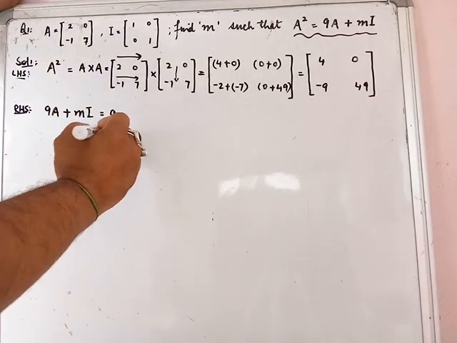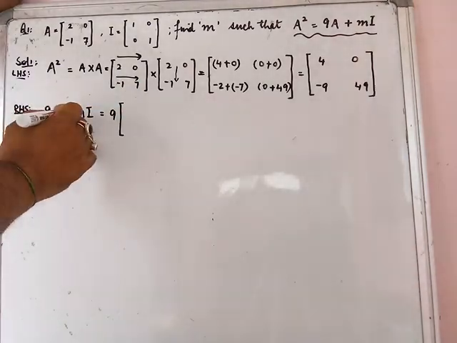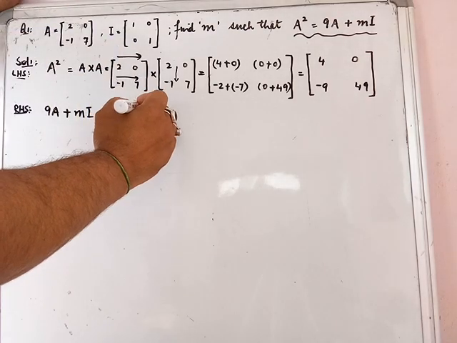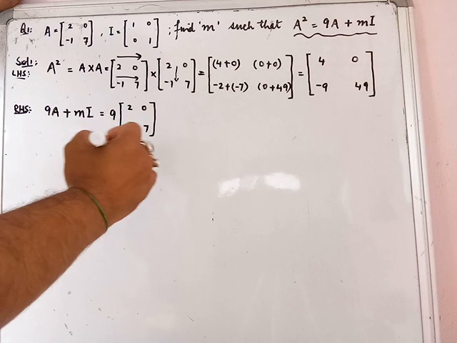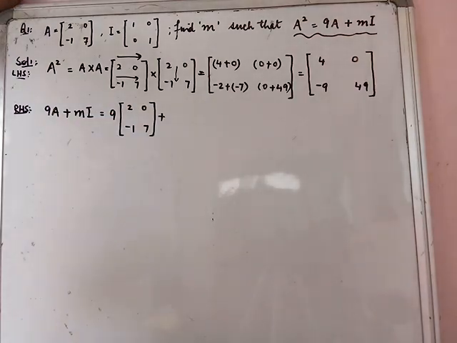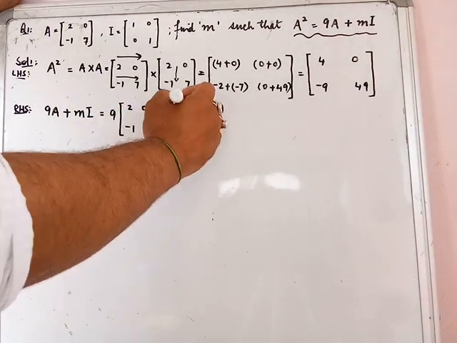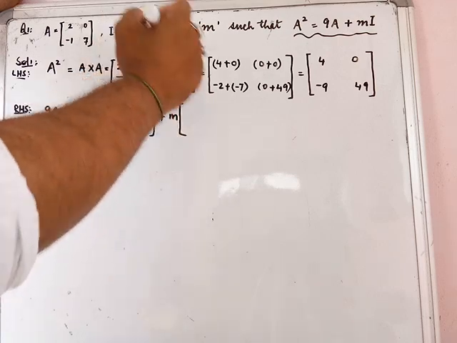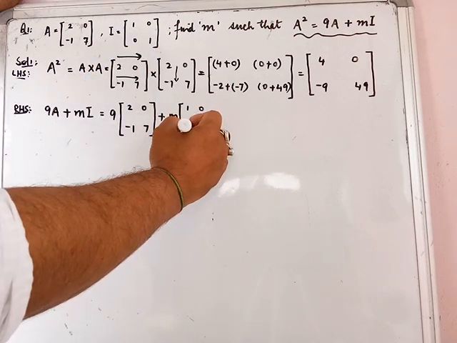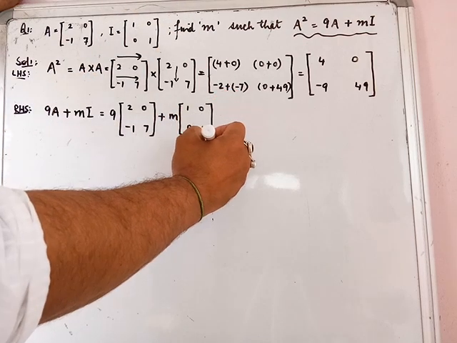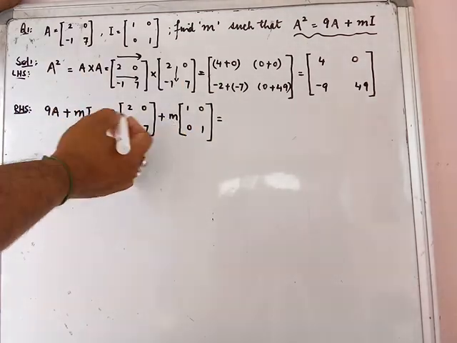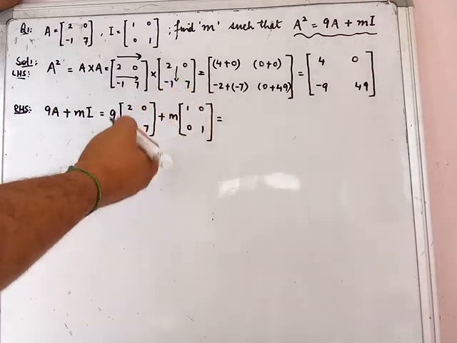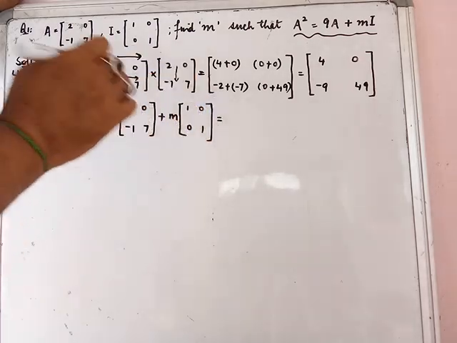So we will write 9 multiplied by matrix A. So matrix A, I am going to just put down over here, 2, 0, minus 1, 7, that is 9 times A, plus small m we don't know, and I obviously is the identity matrix, so I am going to write it like this. Now these are both scalar numbers, so the moment they go inside they multiply the individual elements.